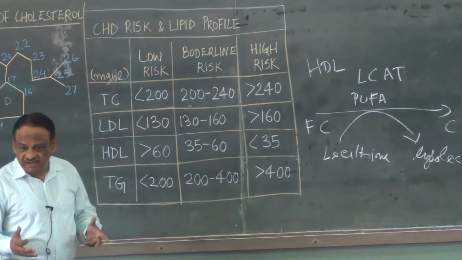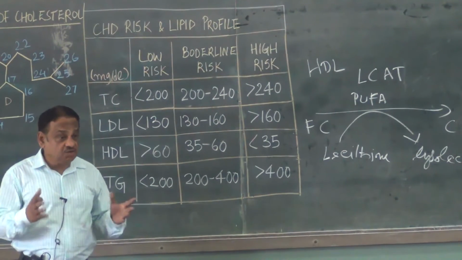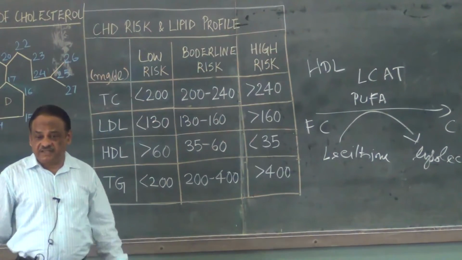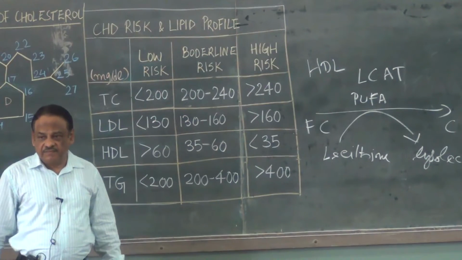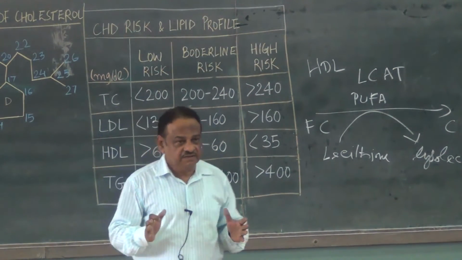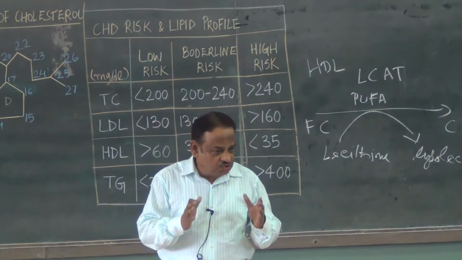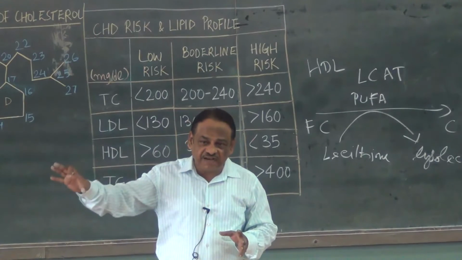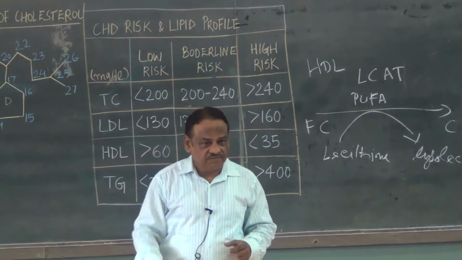Family history is also important. Obesity, abdominal obesity is there. So even 200 may be higher. Although 200 looks to be normal, it can be higher if other factors are more.